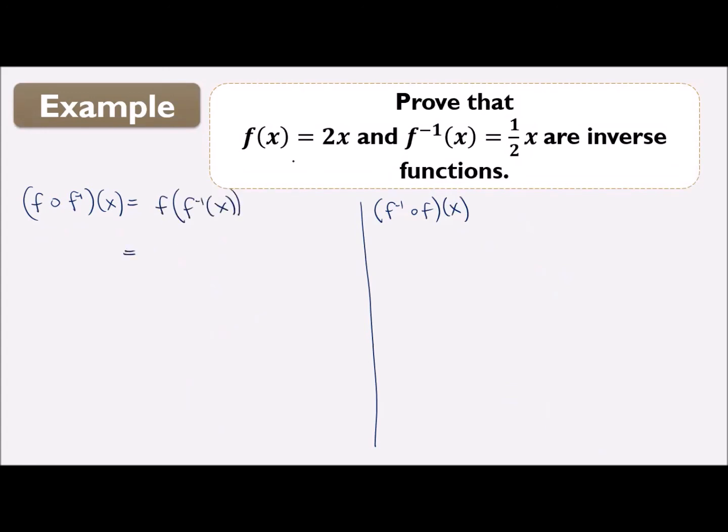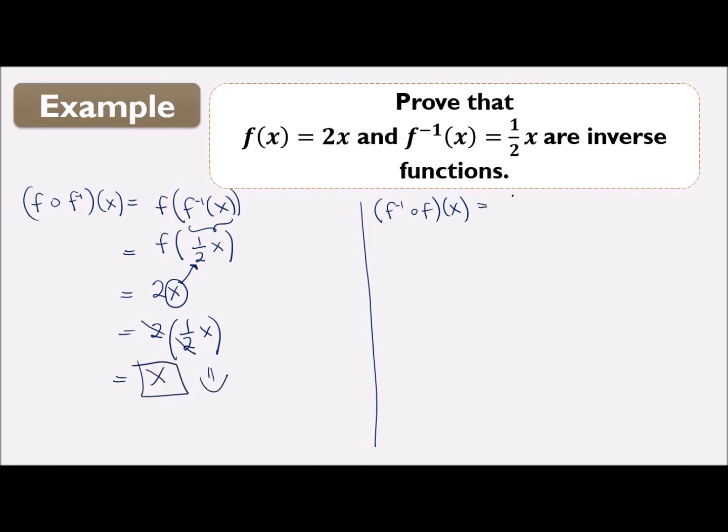So, yung f natin ay, mamaya na natin i-substitute, tapos yung inverse natin ay 1/2 x. And then, yung given ay 2x. So, yung x dito, papalitan lang natin ng 1/2 x. So, magiging 2 times 1/2 x. So, yan yun. And as you can notice, pwedeng may makancel. And 1 times x is x. Yay! X na siya.